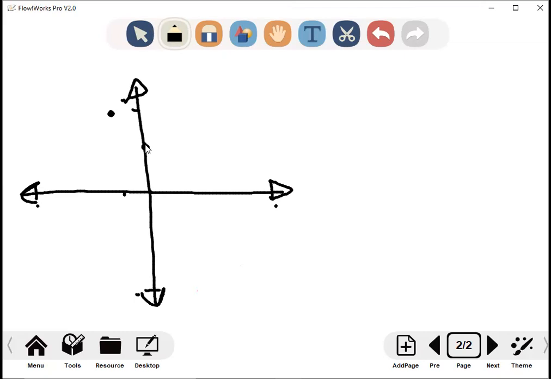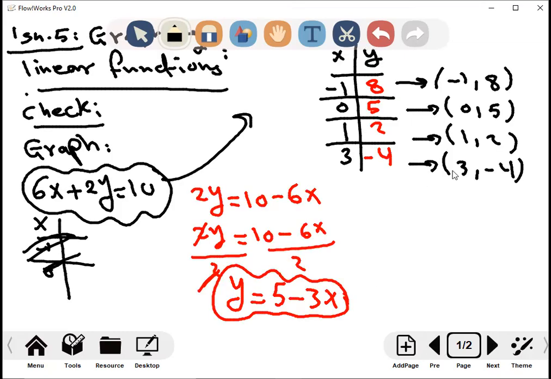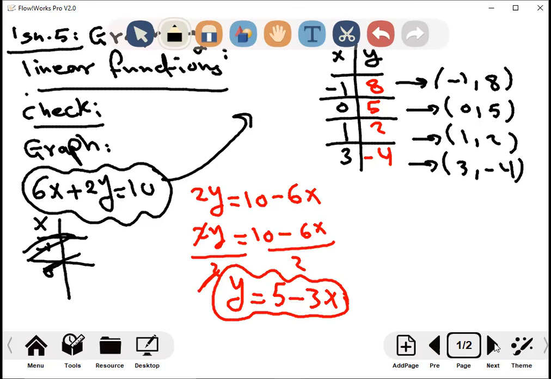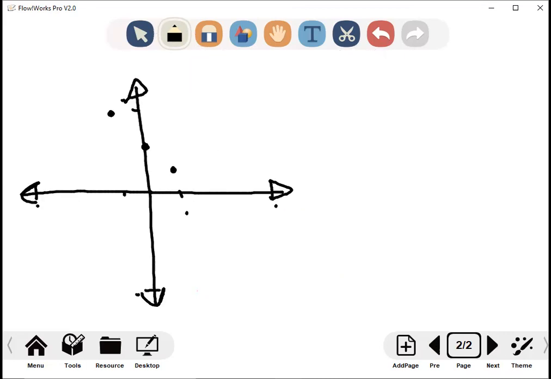Make it a little bit bigger. Next, what we have? 1 and 2. So here 1 and this is 5, the 2 will be less somewhere here, right? Sorry. Next one, 3 and -4. This is a 3 here, and here should be -4.